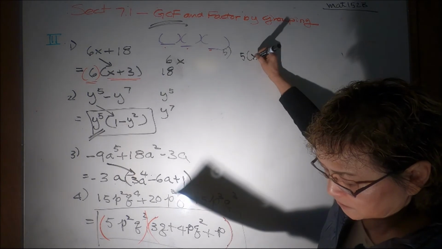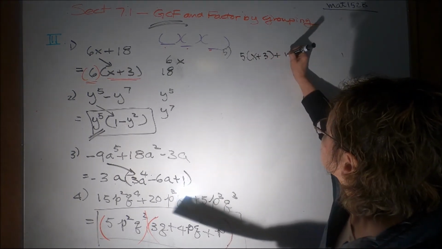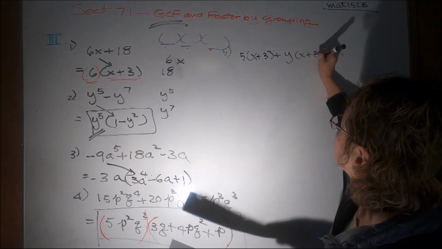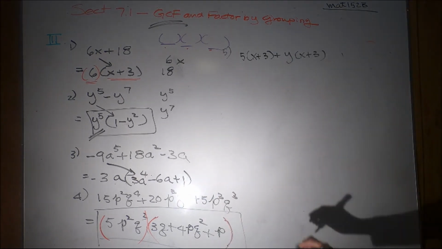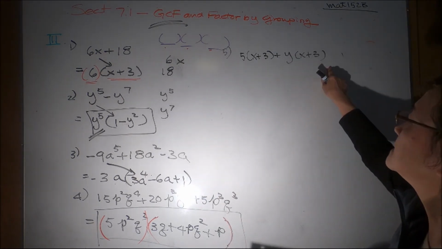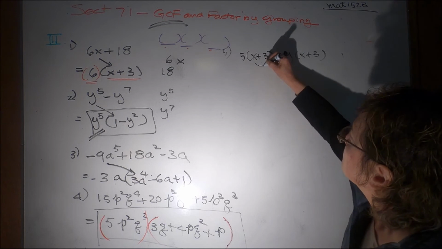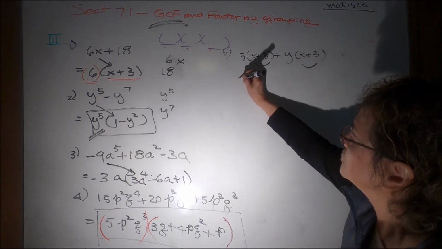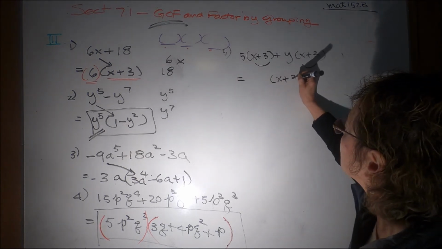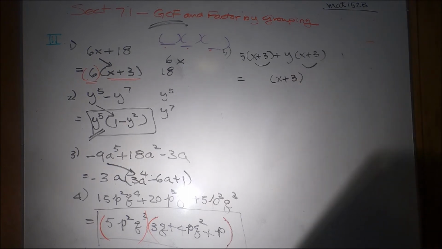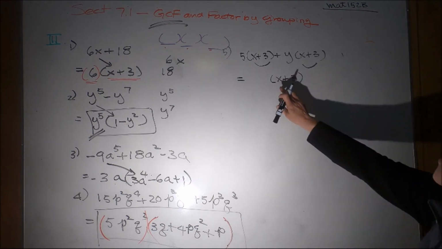Look at this situation, next one. It's separated by a plus sign: multiplication plus something, multiplication. So in these two groups, what do they have in common? x plus 3. That's how you do factoring by GCF. That's your GCF.